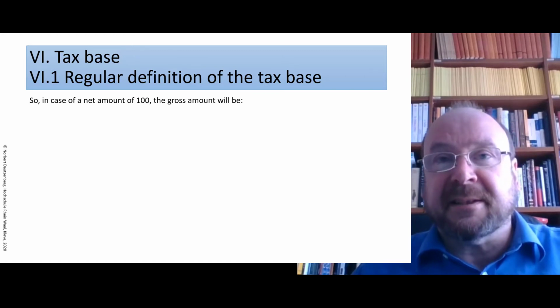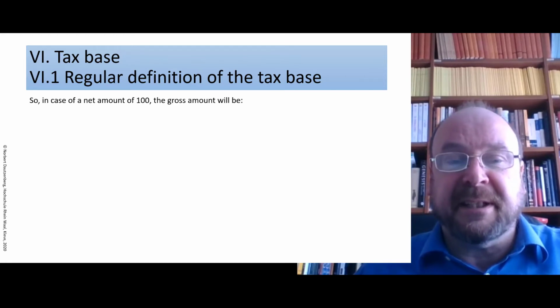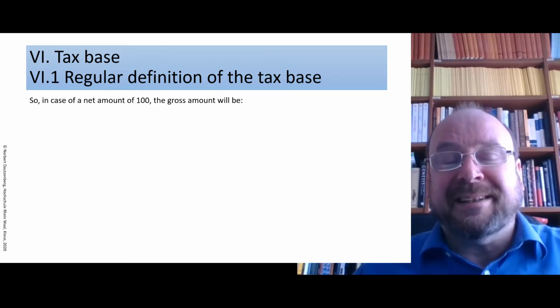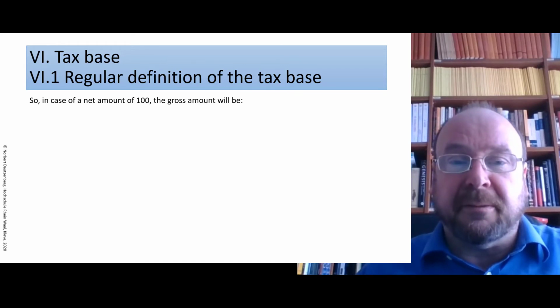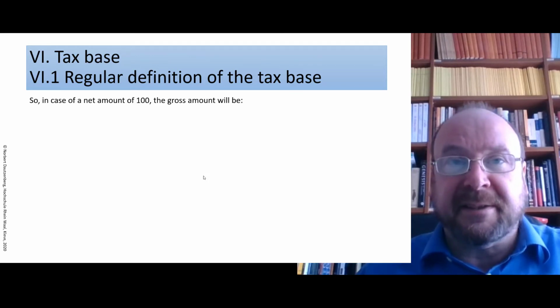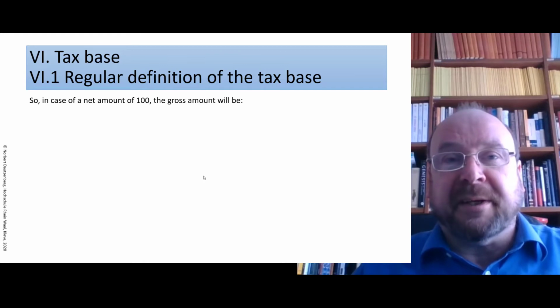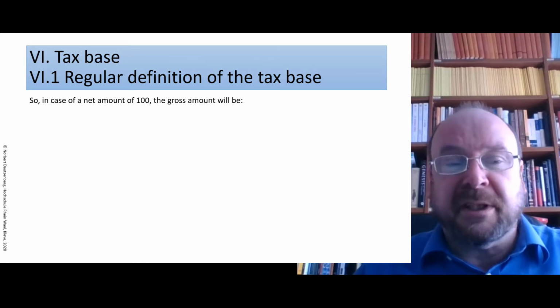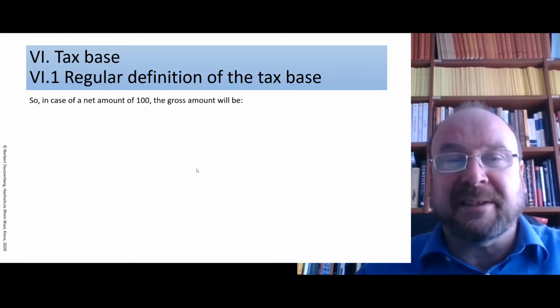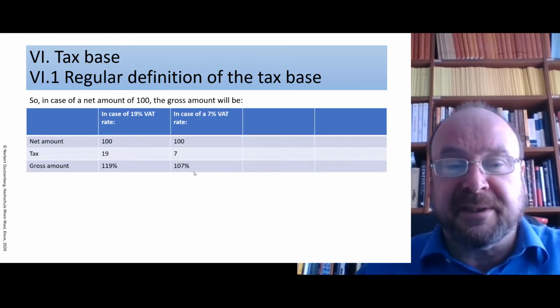So let's apply that formula. In case of a net amount of 100, the gross amount can just be calculated by adding the VAT rate on top. That is the approach the law has chosen, because if an entrepreneur calculates, you end up with the price which you want to take, and then you just have to add the VAT on top, and then you have the real price for which you can sell.